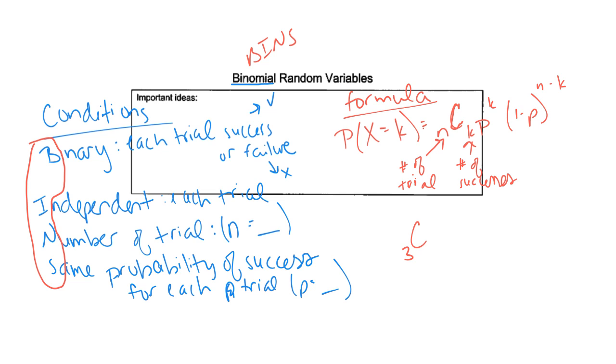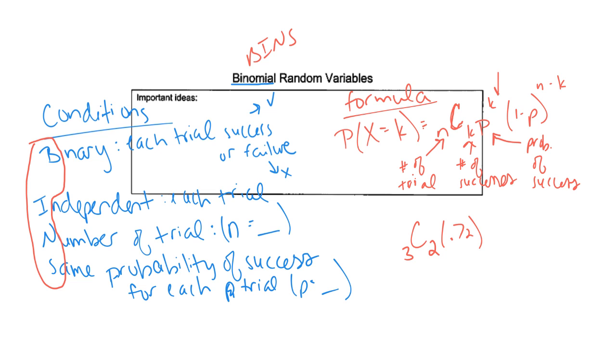So in this case, let's say we wanted the probability that he made 2 and missed 1. Okay, so that would be our 2 there. Okay, and then P is our probability of success, as part of our conditions there, that S. So probability of success. So in our basketball example, it was 0.72.